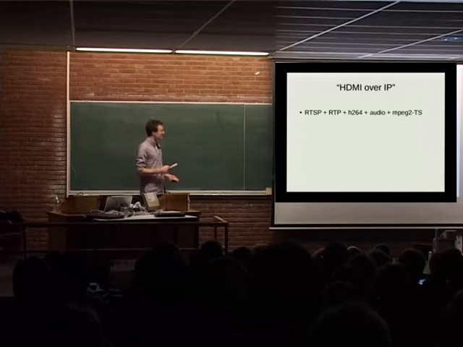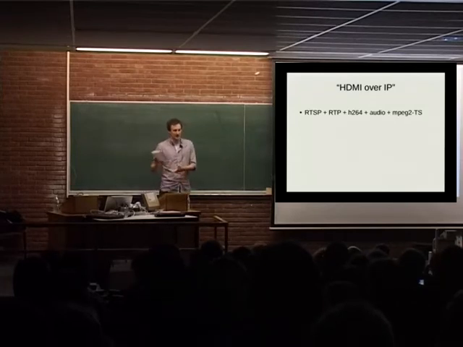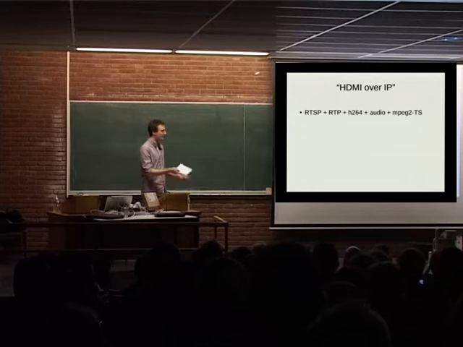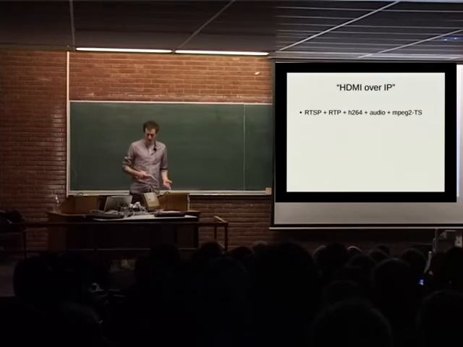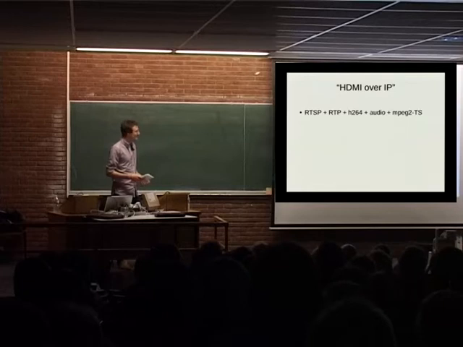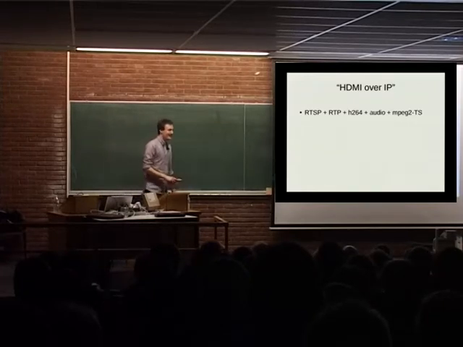So they added messages which allow the source to say, trigger play, and they send it to the sink, and the sink says, oh, I'm supposed to be playing now, and it starts playing. But they use RTSP just because, well, it's known. Horrible. Again.